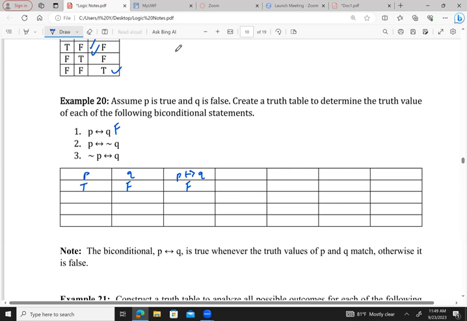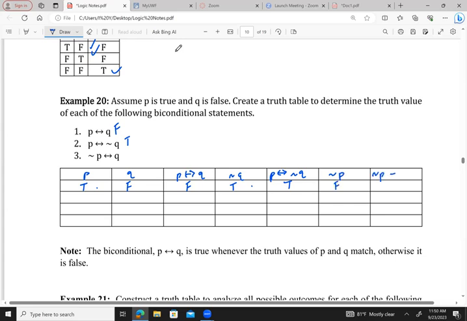Okay, what about not Q? It would be true here. So P if and only if not Q. I have true and true. So that's true. And then we have not P, which would be false.